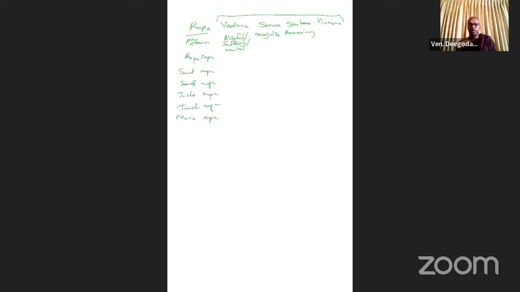So those things, Rupa, Sabda, Gandha, Rasa, Spalsa, or again, image, sound, smell, taste, and touch, are directly related with the physical component. And the other one, the Mano Rupa, as well as Vedana, Sanya, Sankara, Vijnana, does not have a physical component. Those are all metaphysical.